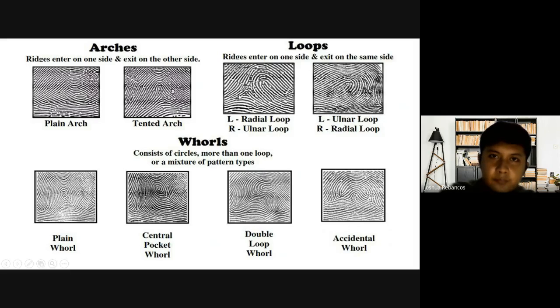Itong area na to, ito yung reference ng delta at ng core. Diyan sila magbibilang ng ridge pattern. Ito yung delta naman. So, pag nandito yung delta, ang tawag dito is radial loop. At dito naman sa left, pag dito naman ang galing, radial loop yan.